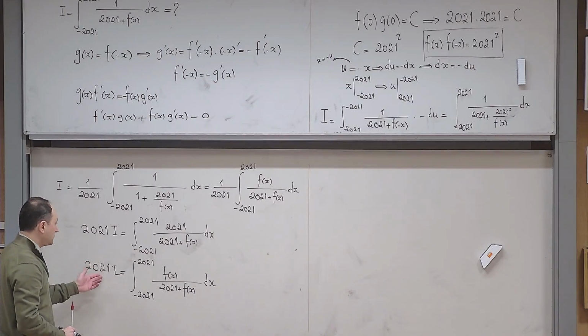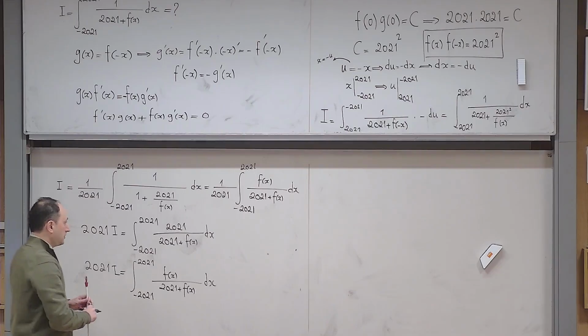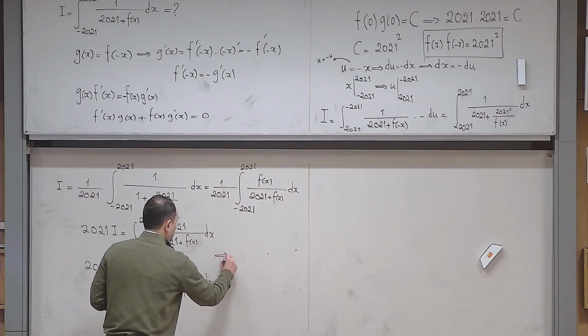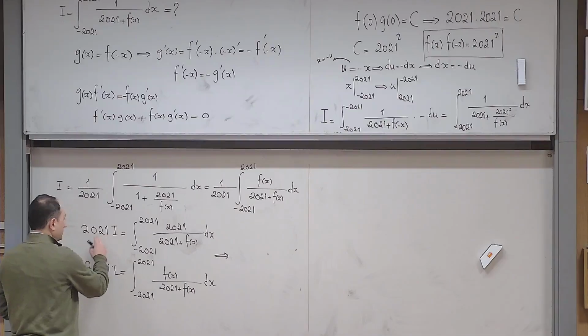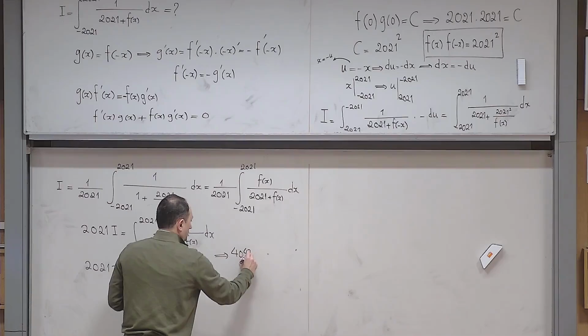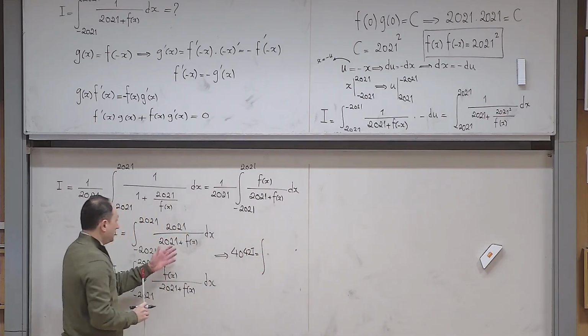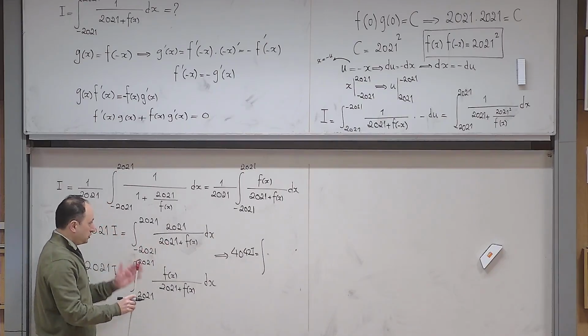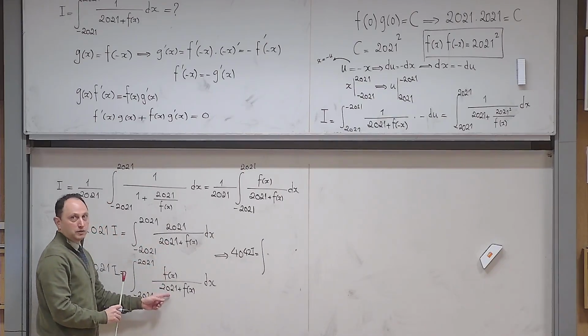So I add this one to that one. Okay? So if I add these two, what happens? The left-hand side becomes, of course, 4042 I. But what happens for the right-hand side? These two integrals will be combined and the integrands will be added.